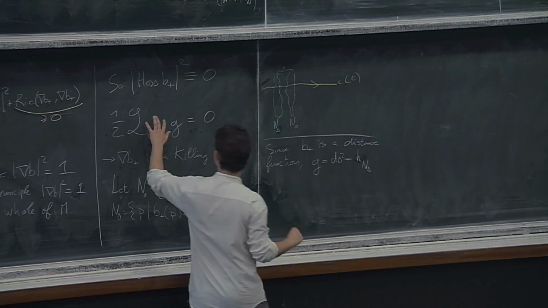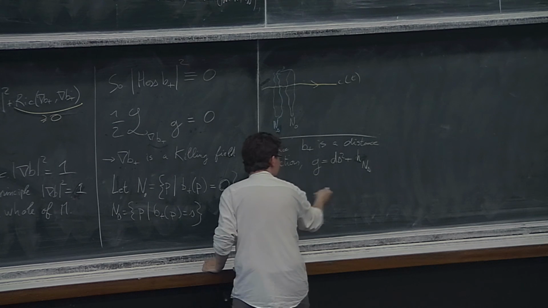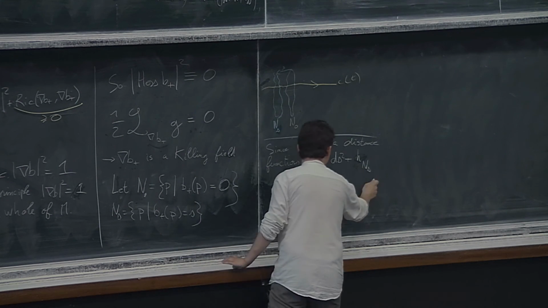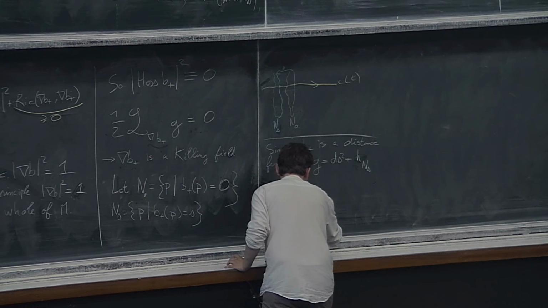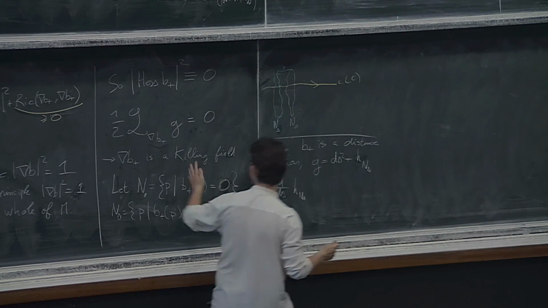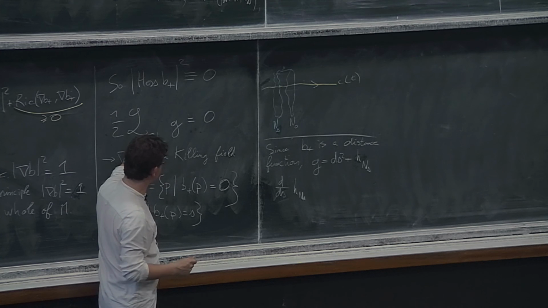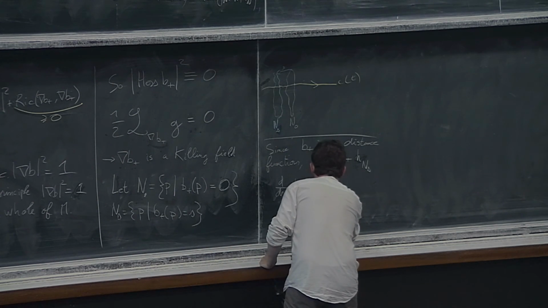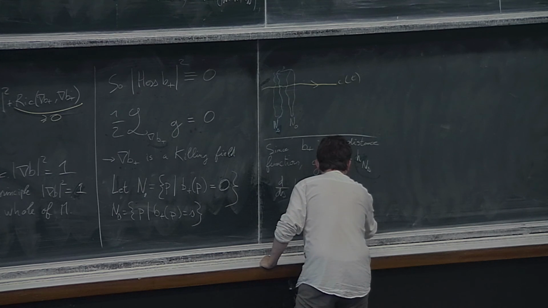Okay, and then with that, I know that d over ds of h on N_s, which stands for the Lie derivative in the direction of that, is equal to 0. So this doesn't move.